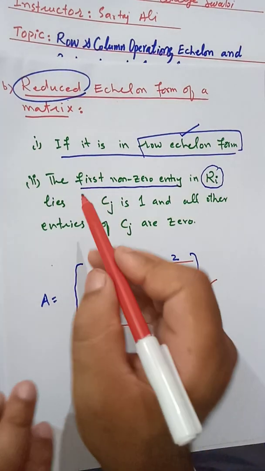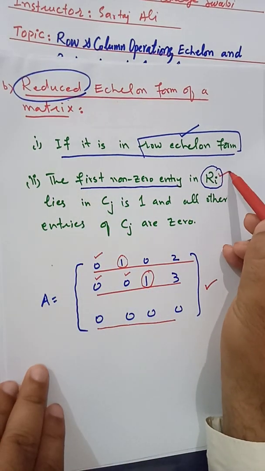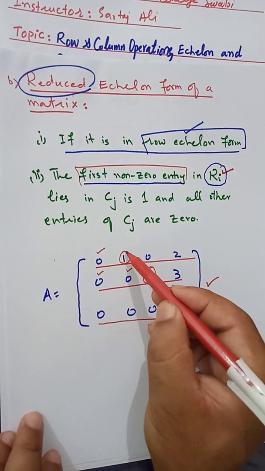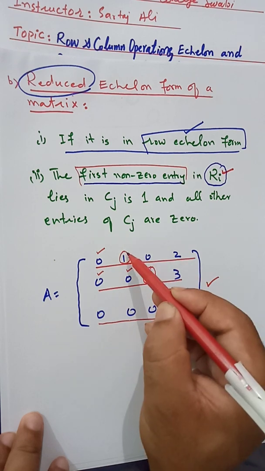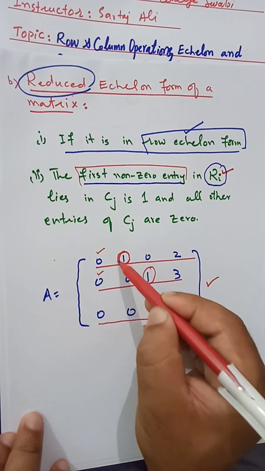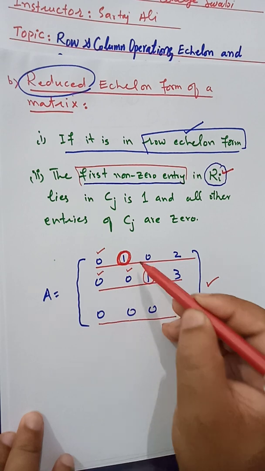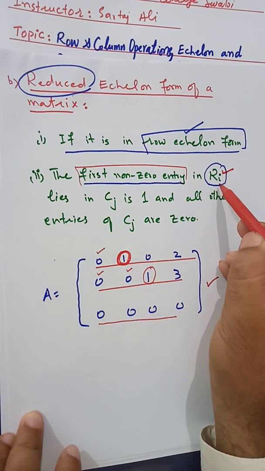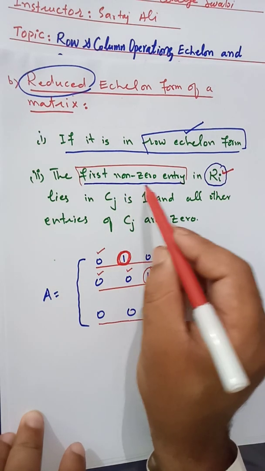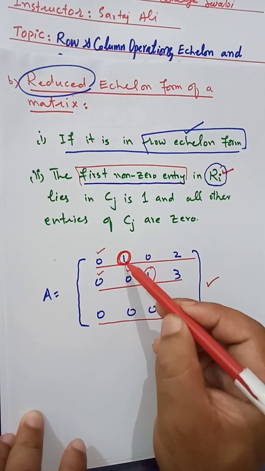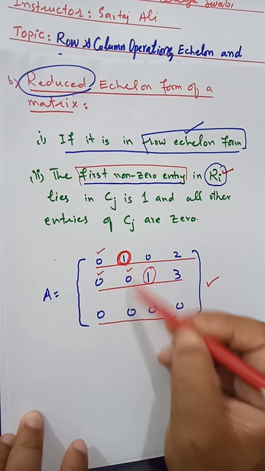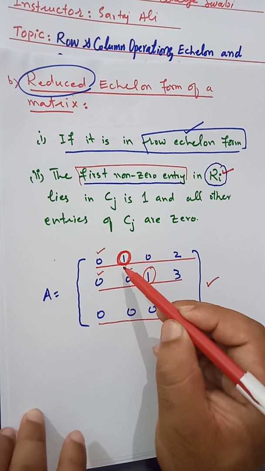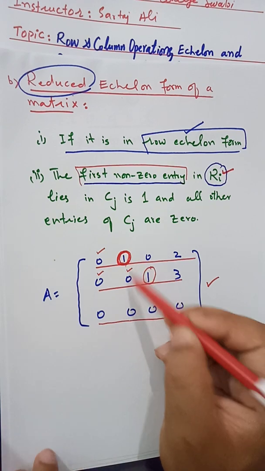Now the second point. The second point says that in the first non-zero row, this is your first non-zero entry, which lies in C2. You see that this Ri, in which the first non-zero entry is 1, lies in some column. This is the column in which the first non-zero entry of the first non-zero row lies.